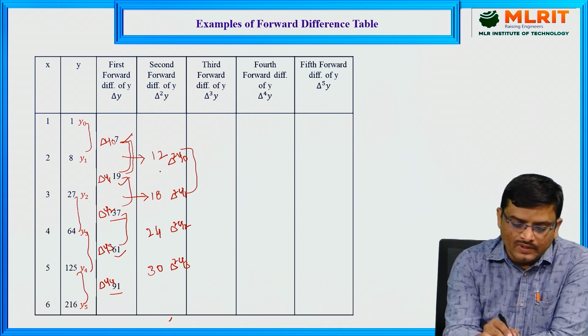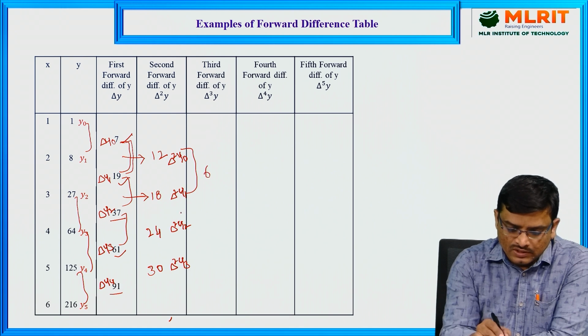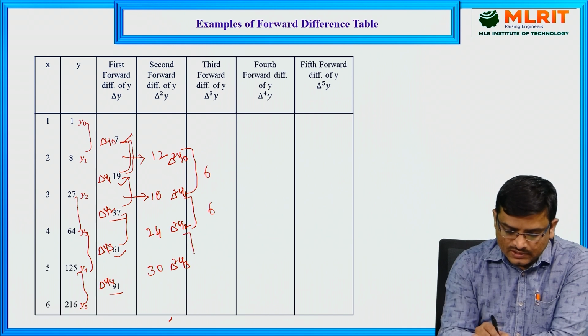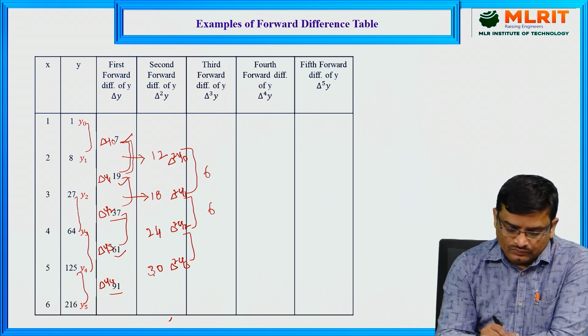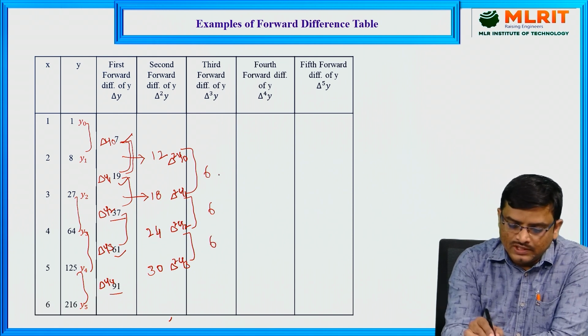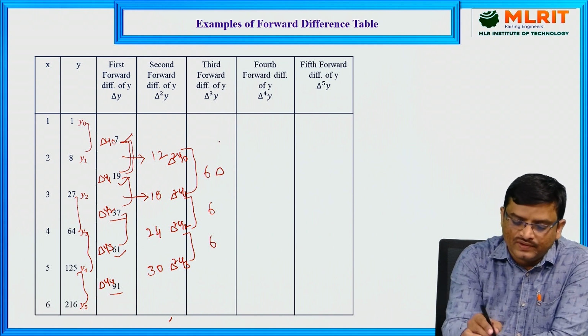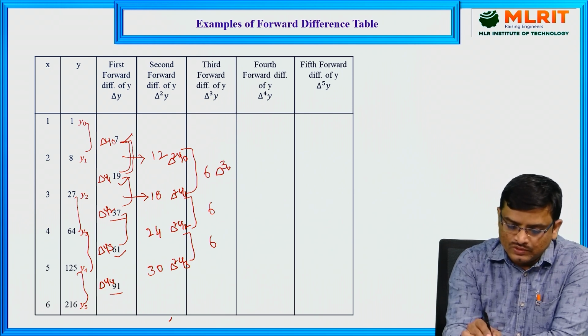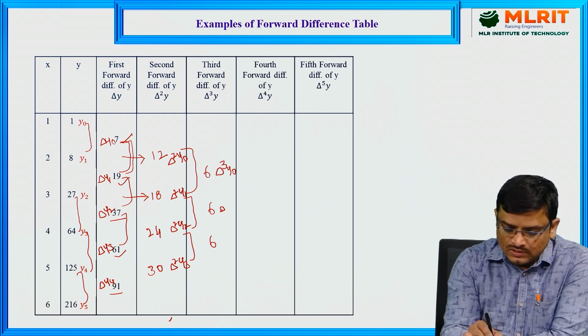So 18 minus 12, you will get 6. 24 minus 18, you will get 6, and 30 minus 24, 6. Since it is a third difference, it is represented with delta cube: delta cube y0, delta cube y1, and delta cube y2.